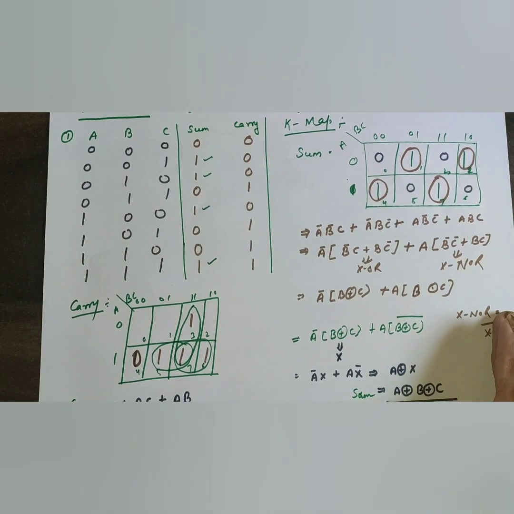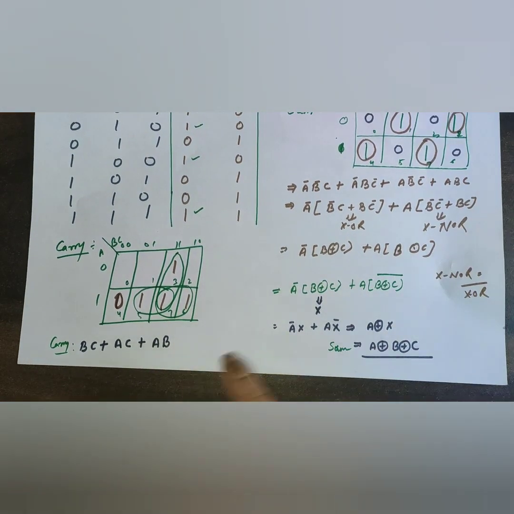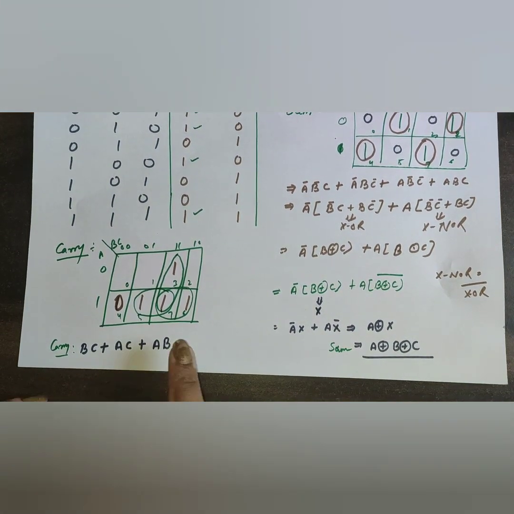From here to here A and C, plus from here to here you can check only A and B. So BC, AB, AC. Yes. You can check this BC, AC and AB.